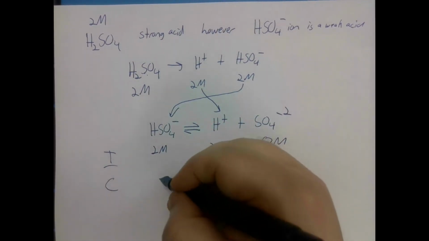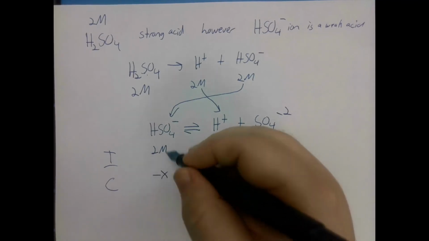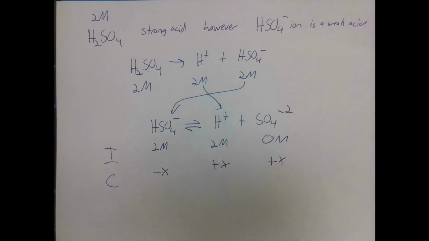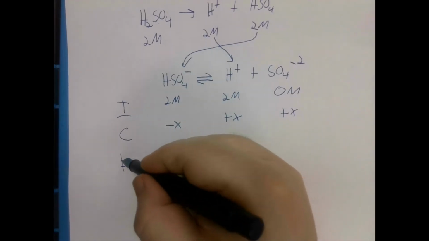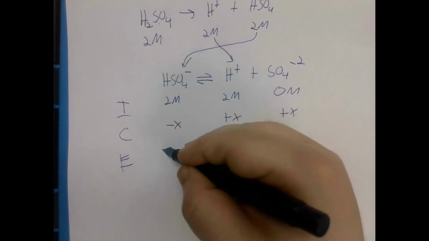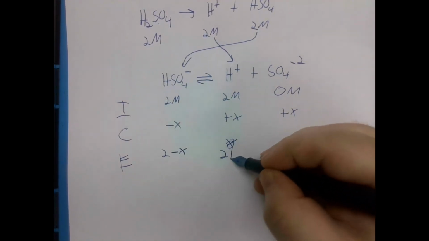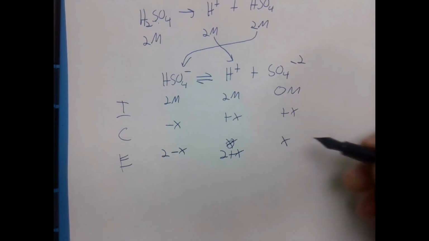Our change is we're going to break apart some X amount of this, and it'll give us X of this, 1-to-1 ratio. Thus our equilibrium would be 2 minus X, 2 plus X, and X here.